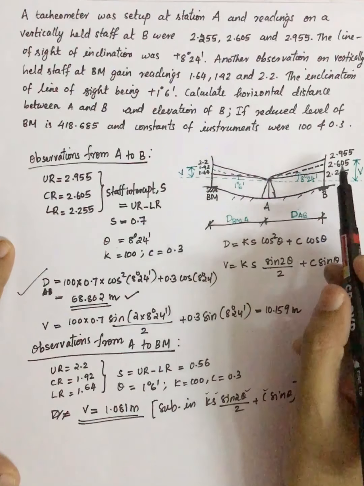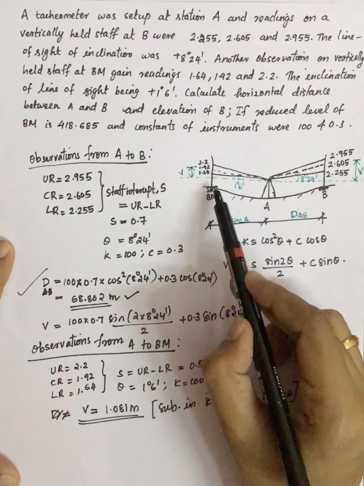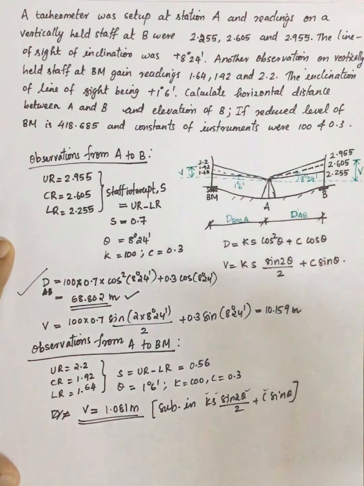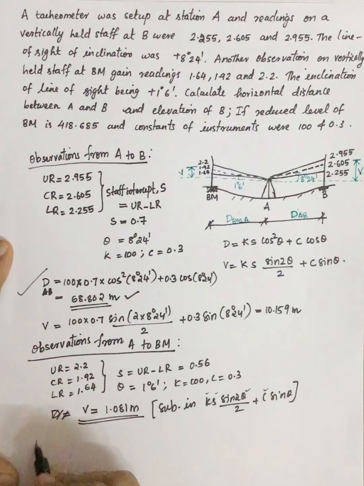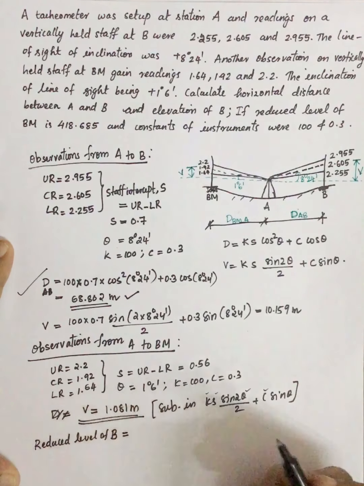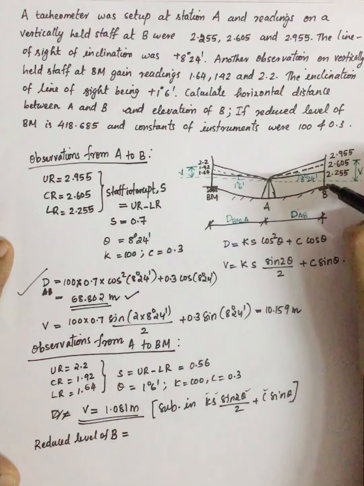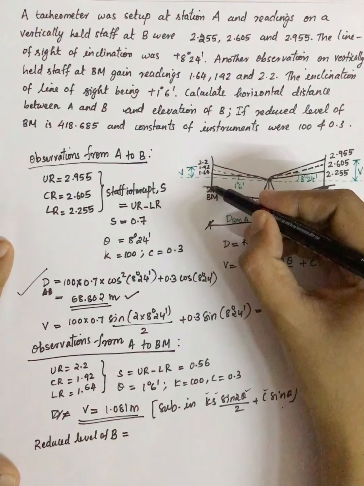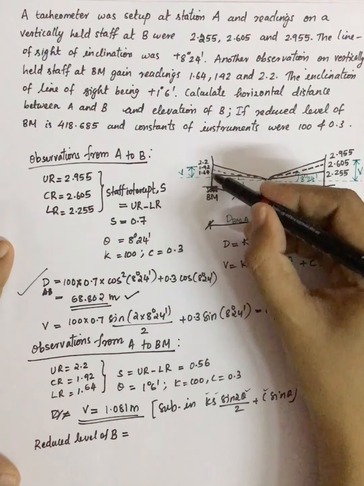So you know the elevation of benchmark. So from this point you need to calculate the elevation of B. So how can we calculate? Look at the equation. Reduced level of B is equal to, listen very carefully, reduced level of B. So for that you can start from here, right? Reduced level of benchmark plus central reading.